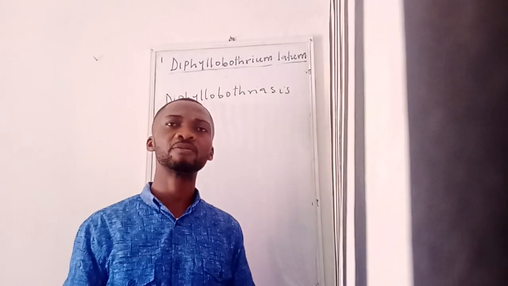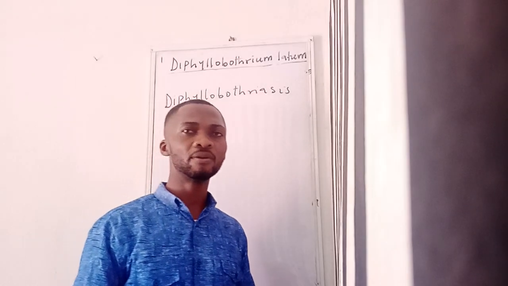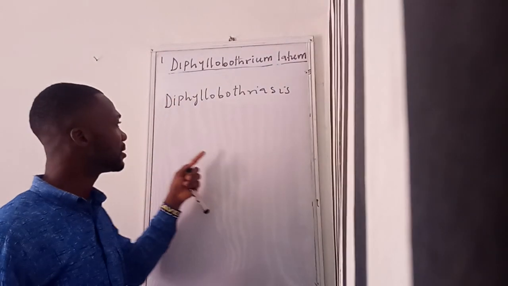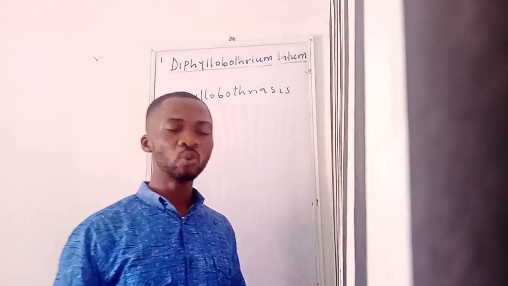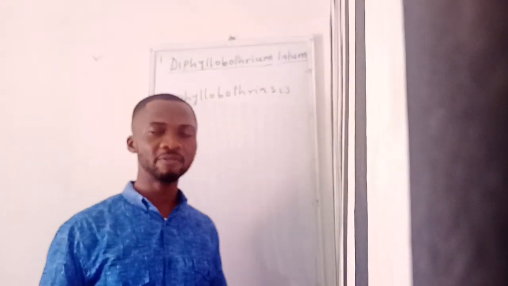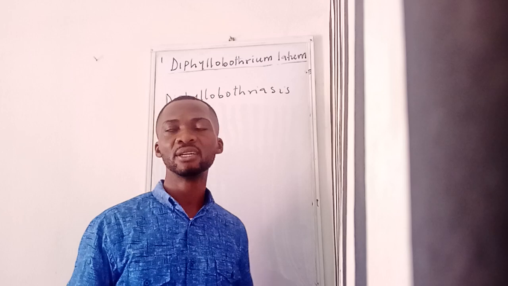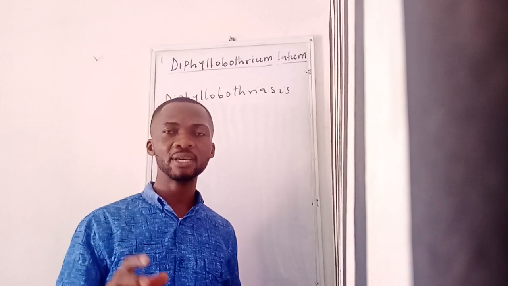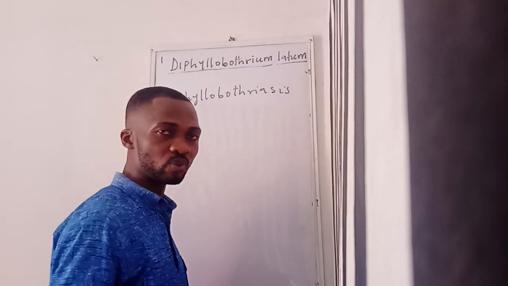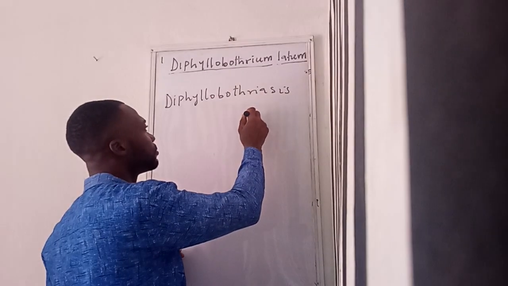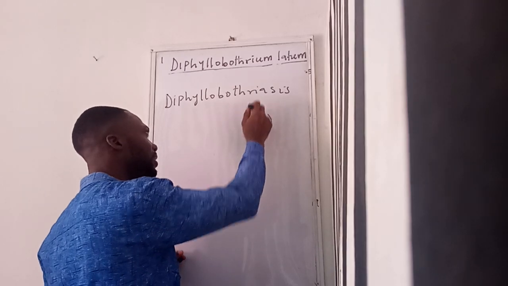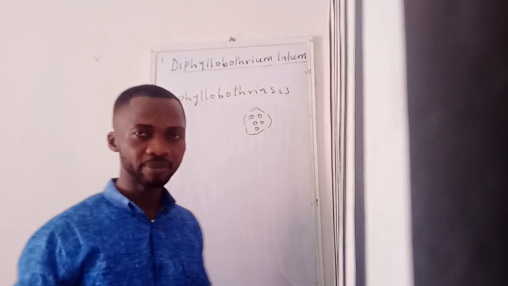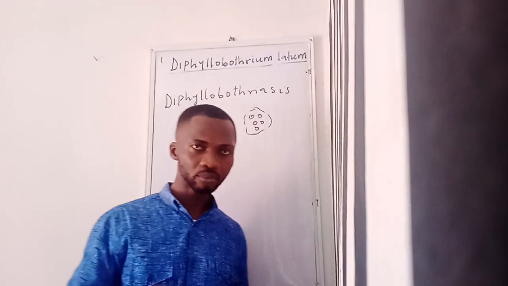If someone is suffering from diphyllobothriasis and goes into an aquatic environment to swim, and within that environment the person defecates, then you find the eggs of this parasite within the feces of such an individual.